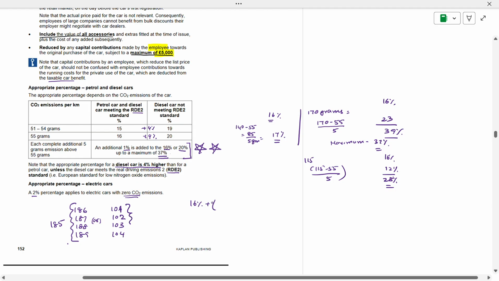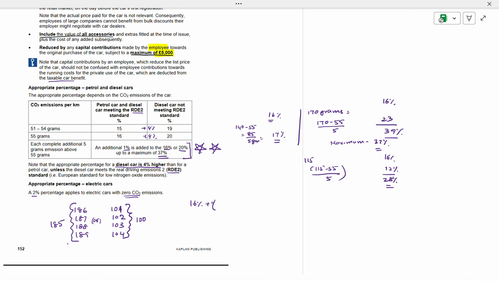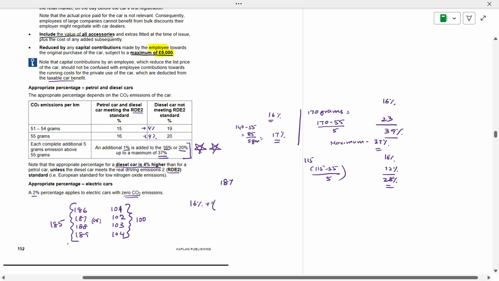Here also if they give like this, we'll round it to 100. This is the recommended, advised and suggested approach as per the rule. Now they gave you 187, if I am right.